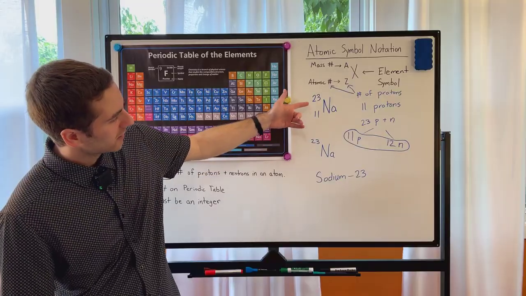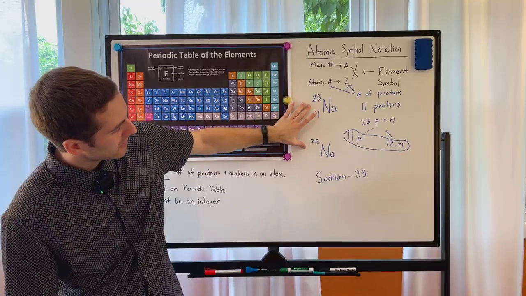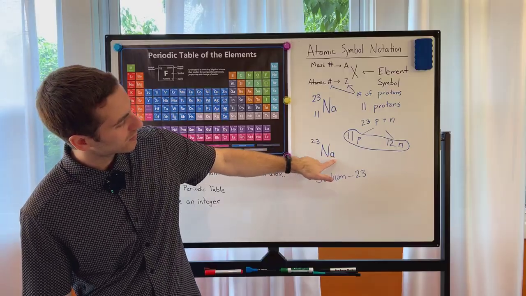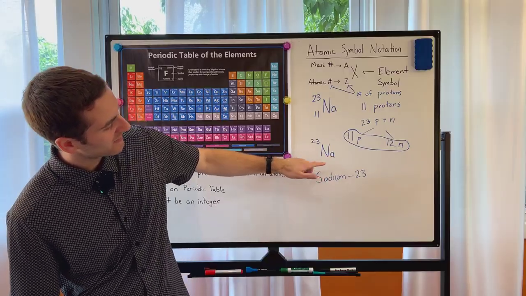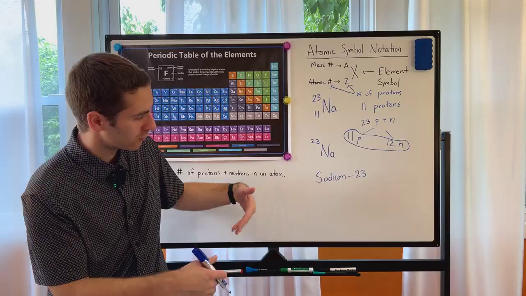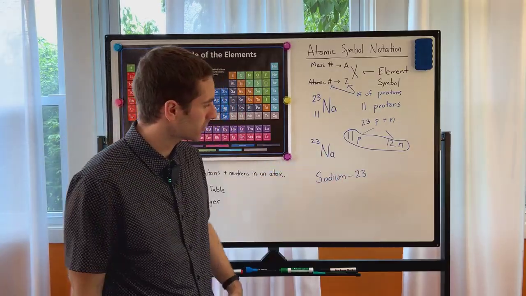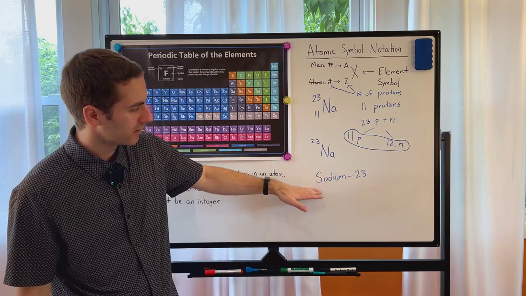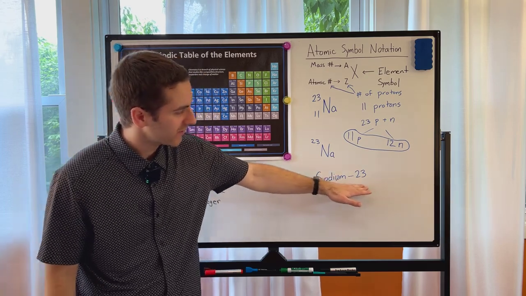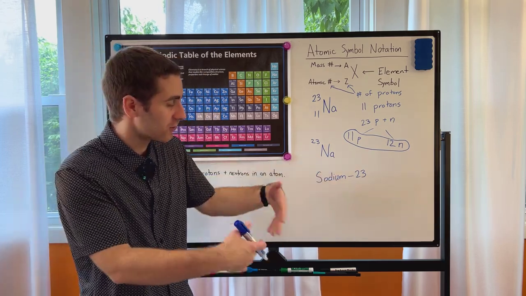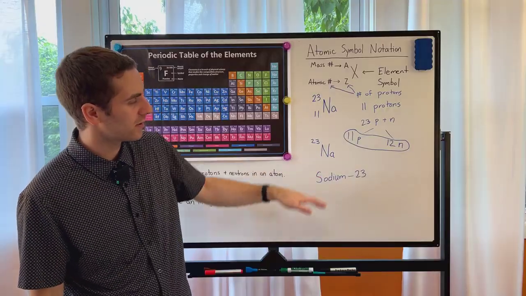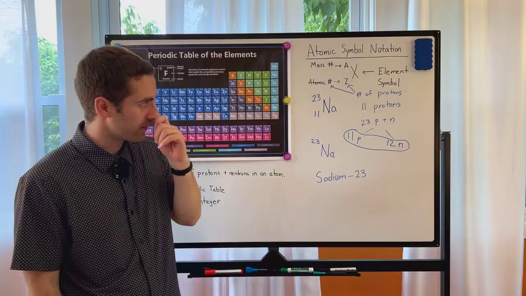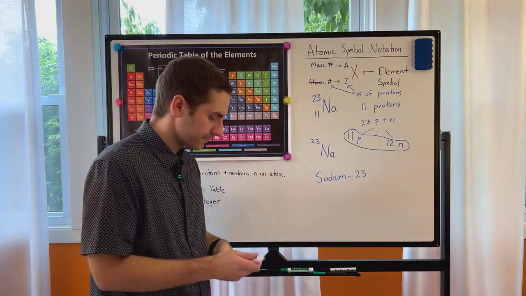And in fact, if you were trying to read it orally to somebody else, you would read this as sodium 23. So this last way of writing it is also how it's read or spoken, even if it's written one of these other ways. So those three things all mean the same thing. So let's look at one more example.